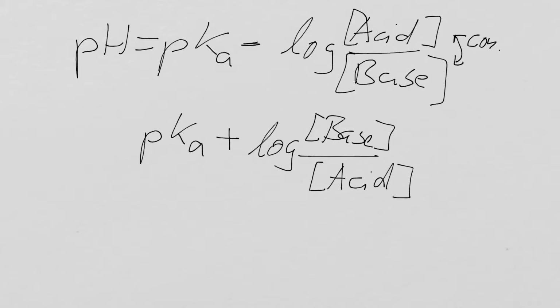So, now the trick with a buffer is that we have a combination of an acid and its corresponding base. And usually one of them is weak, usually a weak acid in this case.